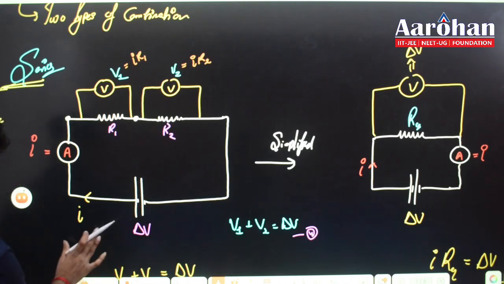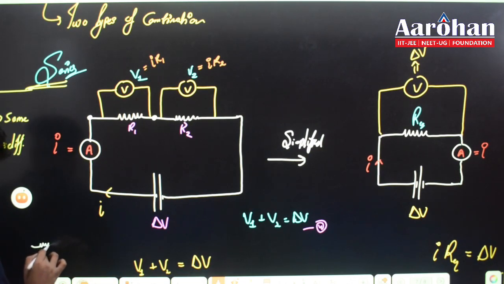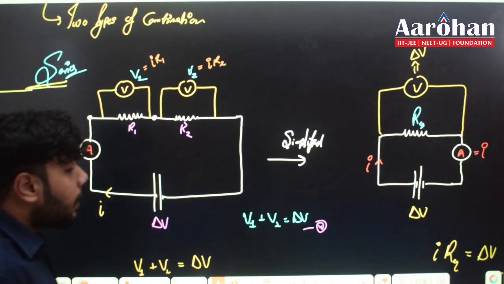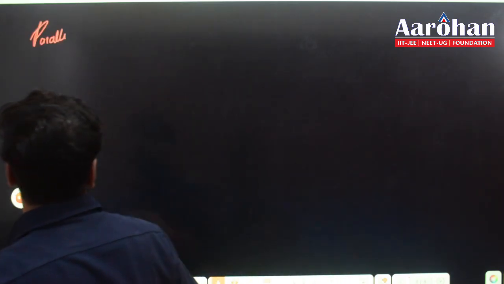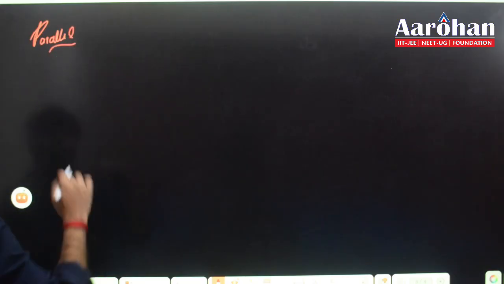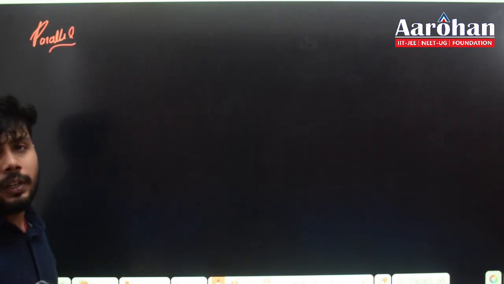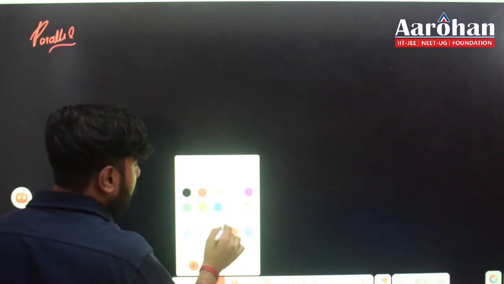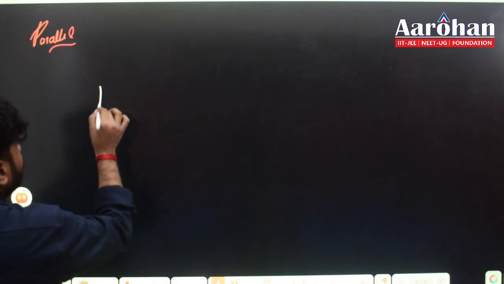Got it? So if you have one resistor, it has two ends, and one end is connected directly to another resistor, and then to a source, then it is a series connection. In contrast, in parallel, you have resistors and both of their ends are connected to each other. Then you will have a parallel connection.